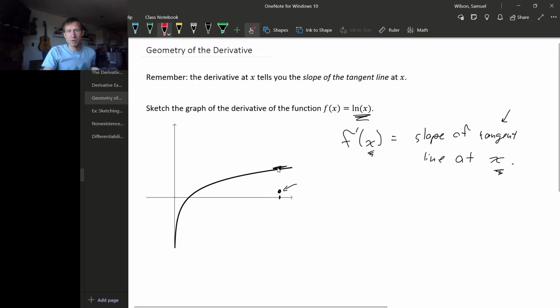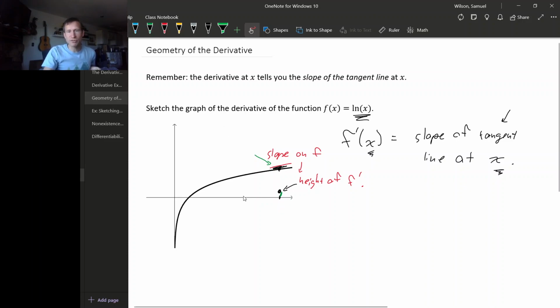Remember, the slope on the graph of f is the height of the graph of f prime. So since the slope of this tangent line is positive and small, the height of this point is positive and small.